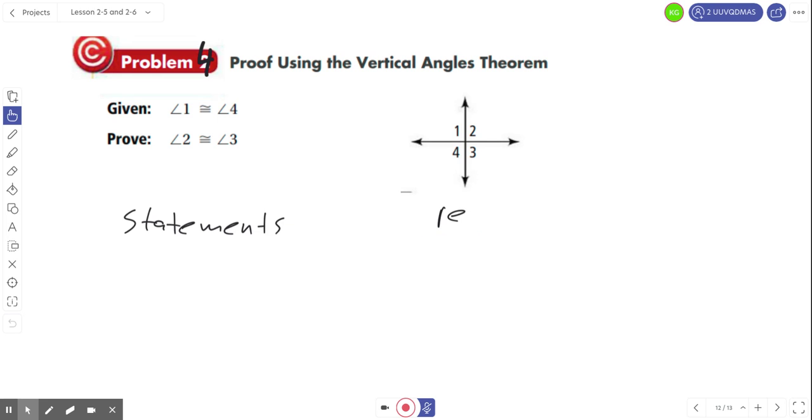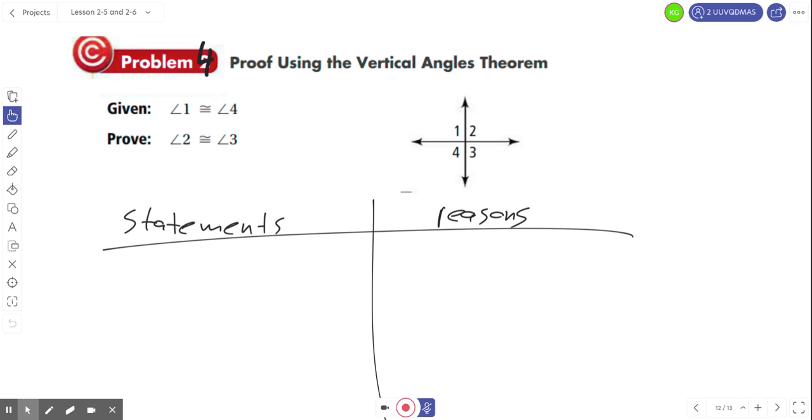And our reasons. Draw out my columns. And my first statement is going to be that angle 1 is congruent to angle 4. And the reason is given. All right, now let's start thinking. I have to prove that angle 2 is congruent to angle 3, given that angle 1 is congruent to angle 4.